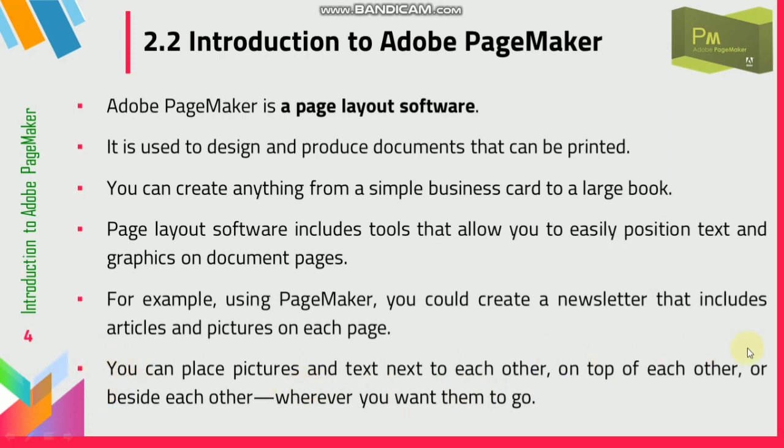If you take a magazine or a newspaper, the content is cleanly arranged, and you can easily differentiate the text from the images. The image can be on top of your content, or beside it, or wherever you want it to go. So this is what they are telling in the introduction of Adobe PageMaker.